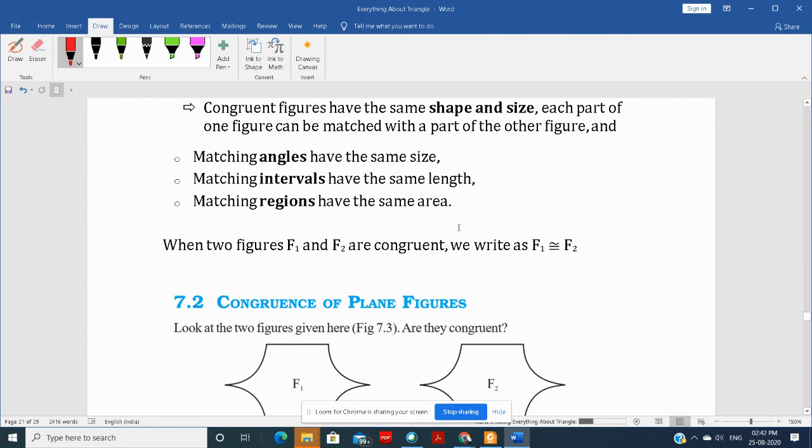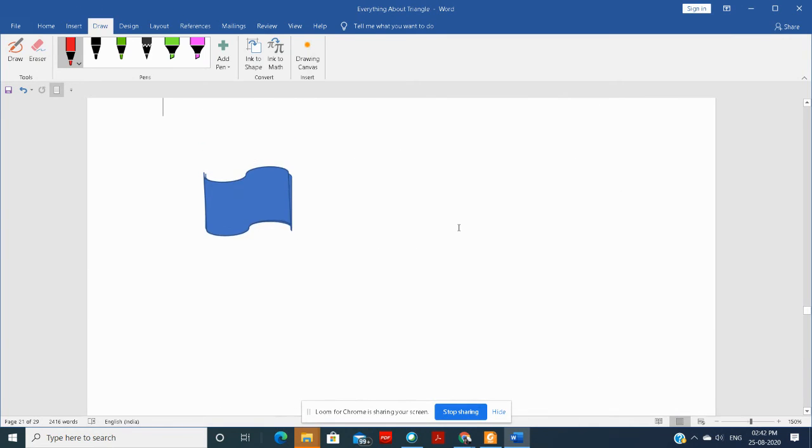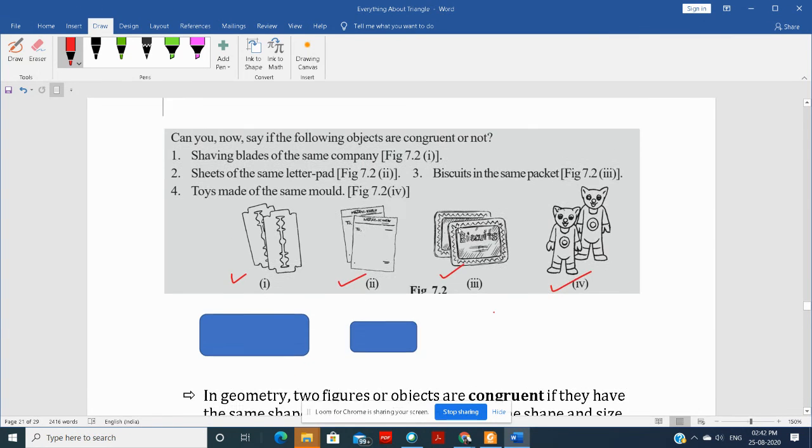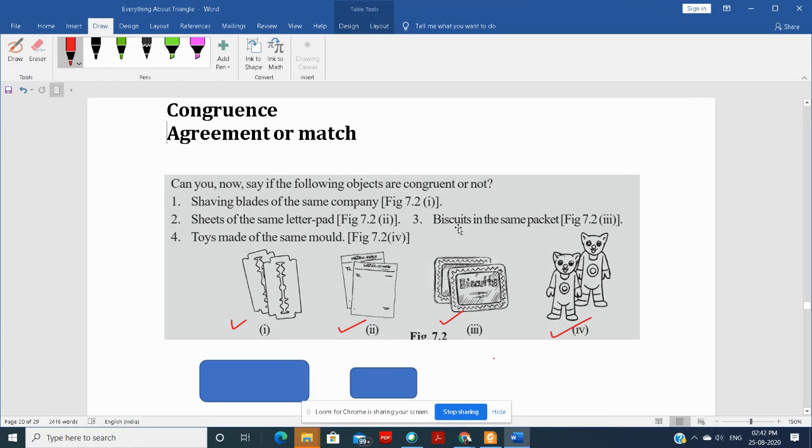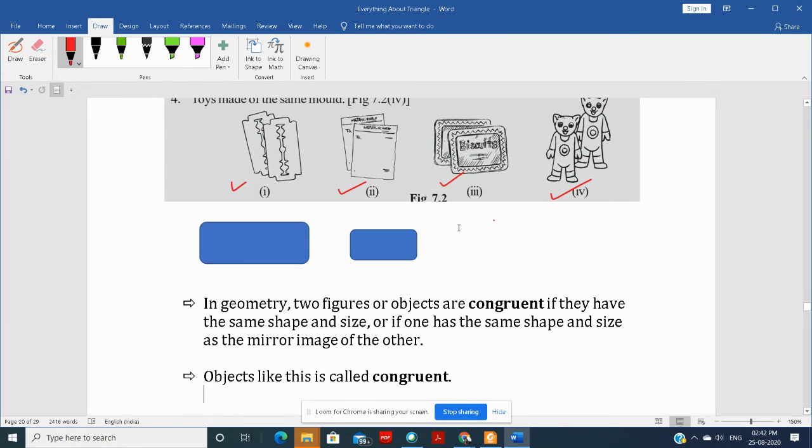Right? So what we have understood, let's just quickly understand again. We are talking about congruency. Congruency means in geometry, the two objects match each other with the same size and shape.